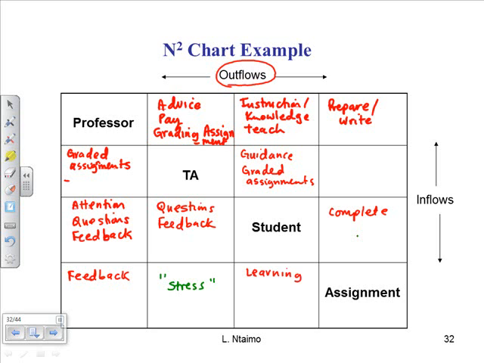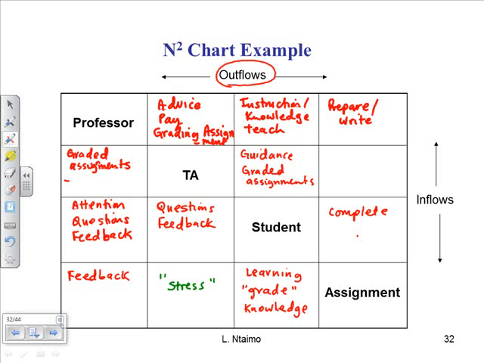So the assignment can provide learning. Okay, assignments are designed to reinforce learning. They can also provide a grade or contribute towards your grade. Assignments are meant to provide knowledge. You may learn something from the assignment.